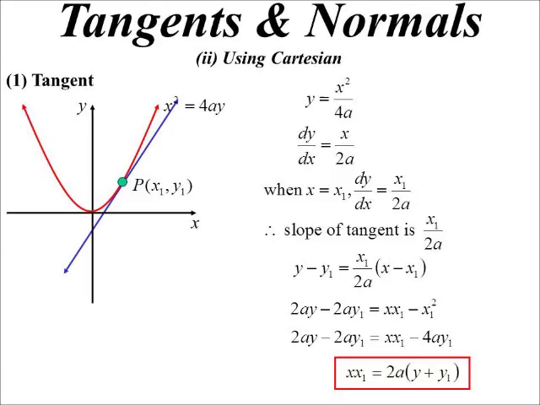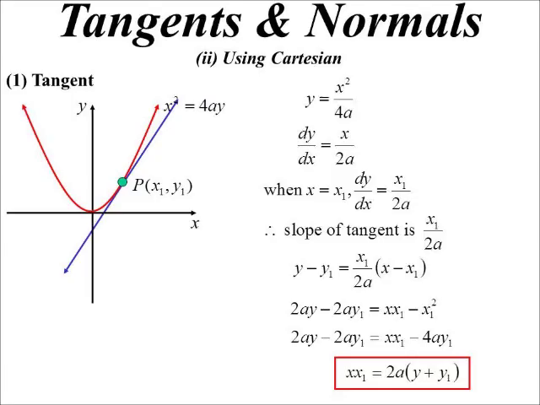Now, x1, if the 1 wasn't there, you'd say, well, x times x is x squared. And then look at the other side, 2a, y plus y1. Again, if that little 1 wasn't there, you'd go, oh, y plus y is 2y, and you get x squared equals 4ay. So the actual equation of the tangent is very similar to the equation of the parabola itself.